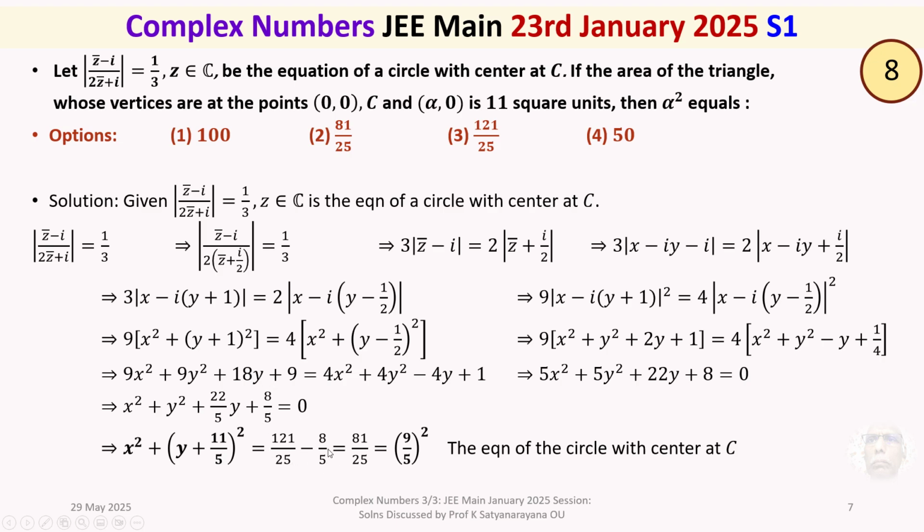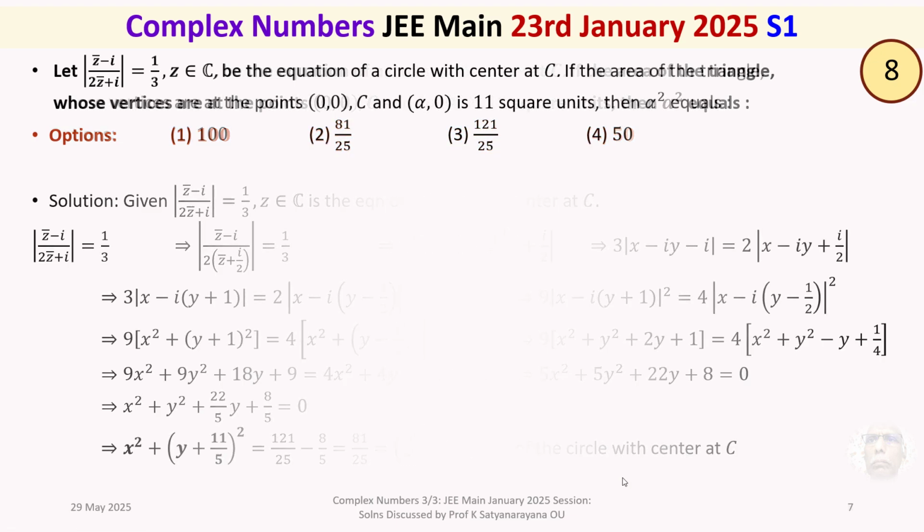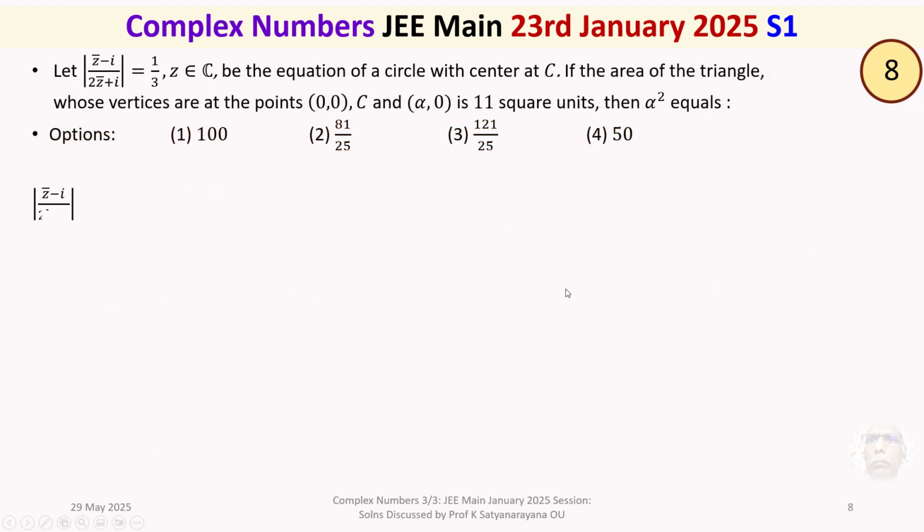Adjustments are made and you get 81 by 25, that is (9 by 5) whole square. That is the equation of the circle with the center at C, and the coordinates of the center C are (0, minus 11 by 5), and the radius is 9 by 5. We continue in the next slide.